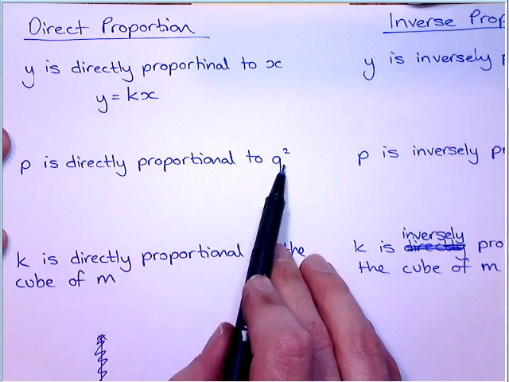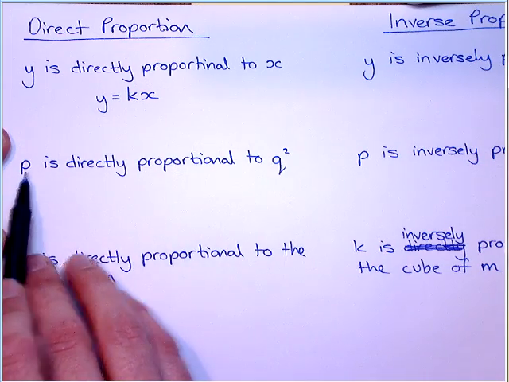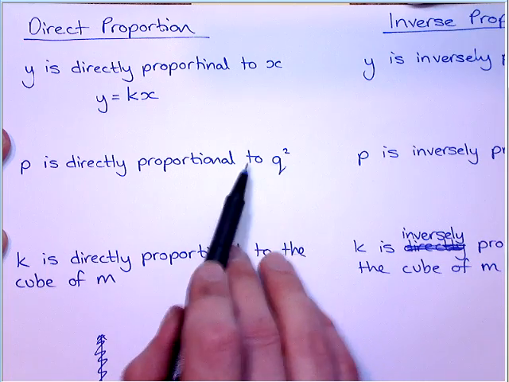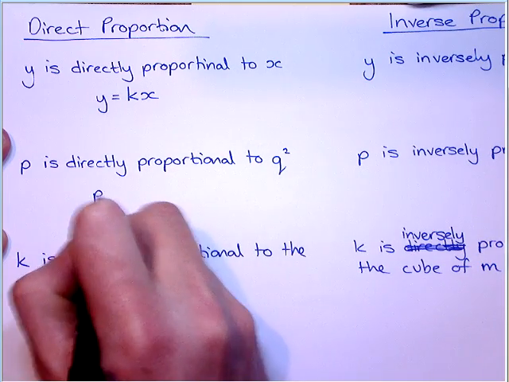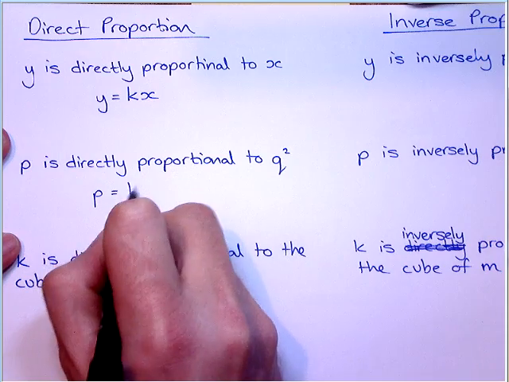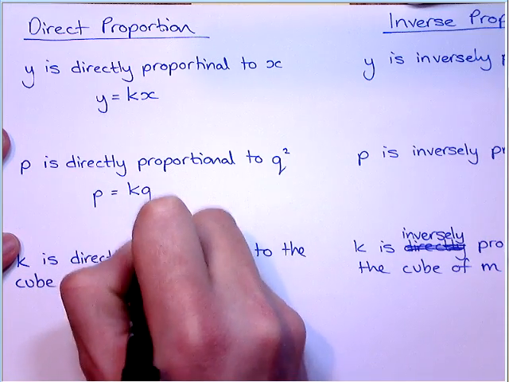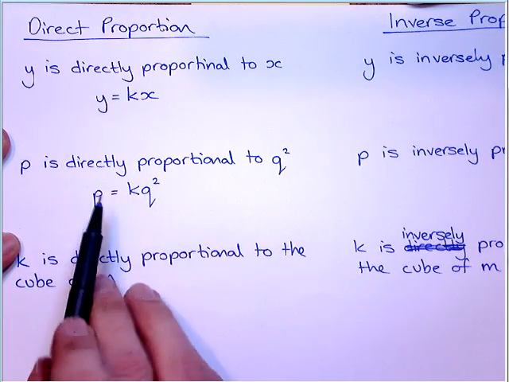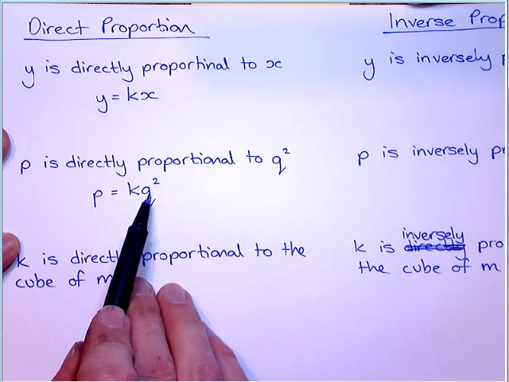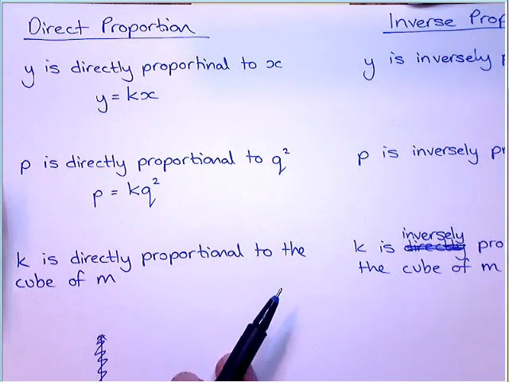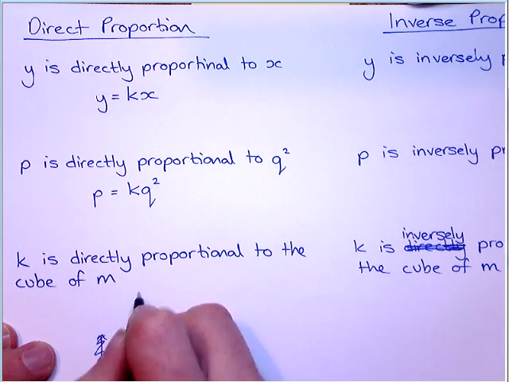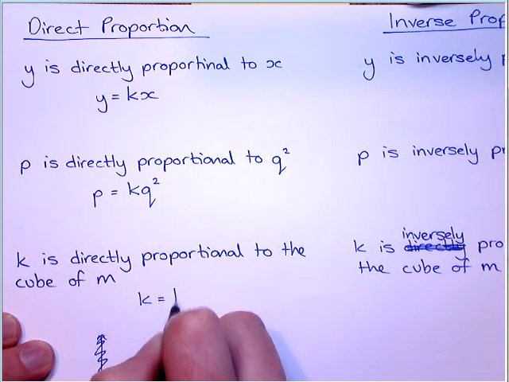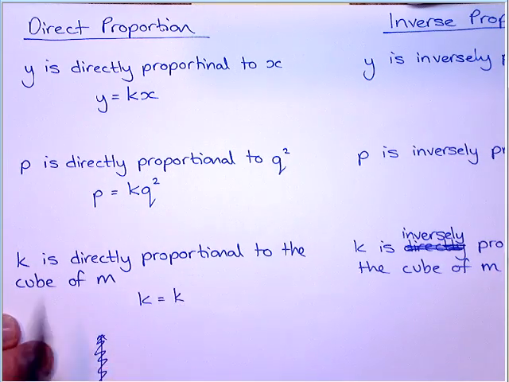Now this one is a little bit more complicated. So p is directly proportional to q squared, so we put p equals k q squared. This means p is directly proportional to q squared. And the last one, k is directly proportional, so it's another k, which I shouldn't have chosen these letters.